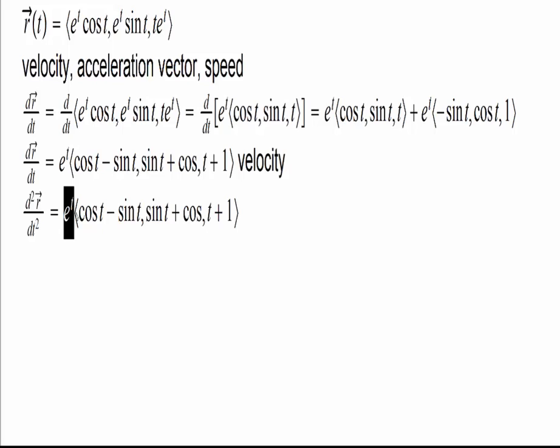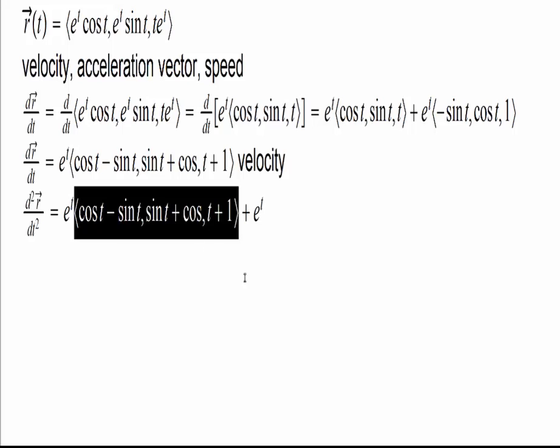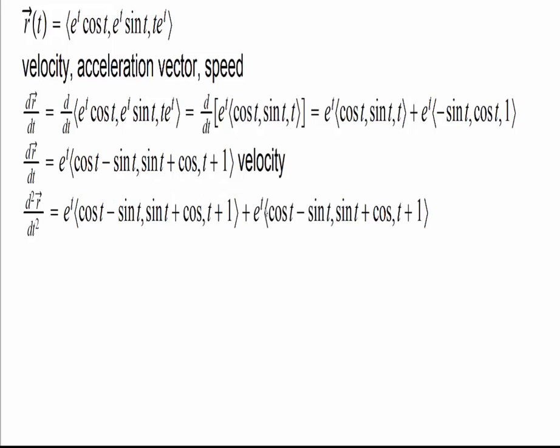The derivative of e to the t is e to the t, and then for the next part we have e to the t, and then we are differentiating this quantity, and I'll be changing it as I go.